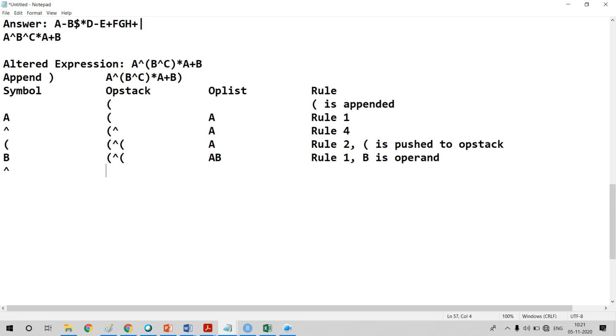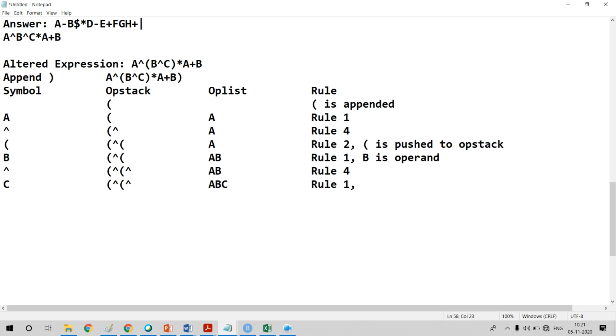The next symbol is power, add that to OP stack because of rule number 4. No need to check any precedence because no operators found. The next symbol is C. C is operand, add that to OP list.